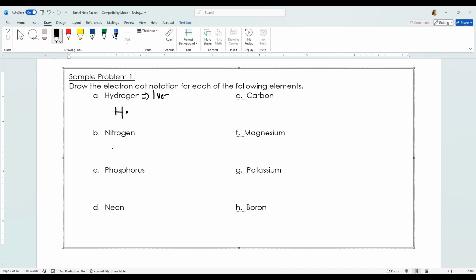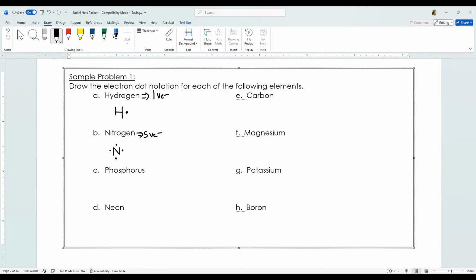Let's try nitrogen. So nitrogen has 5 valence electrons, and that's because nitrogen is in group 15 on the periodic table. So without counting those transition metals, it's got 5 valence electrons. I could start putting electrons on any side of this that I want to, so I'm going to pick here for this one. And remember, I'm going to go around all 4 sides of this once, like Hund's rule.